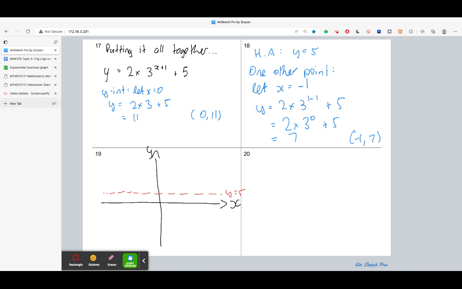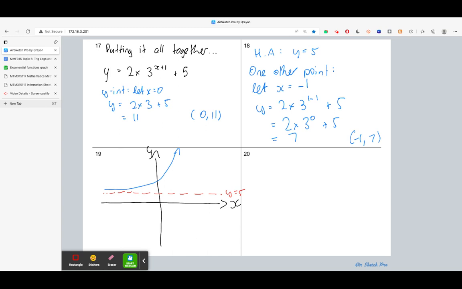Then I know it's going to go like this. I can see from my scale here at -1, I'm going to be at 7, and then I'm going to go through 11, and then it's going to keep on growing from then. So I think I might just make it fairly steep. So I'm going to draw my line in, like so.